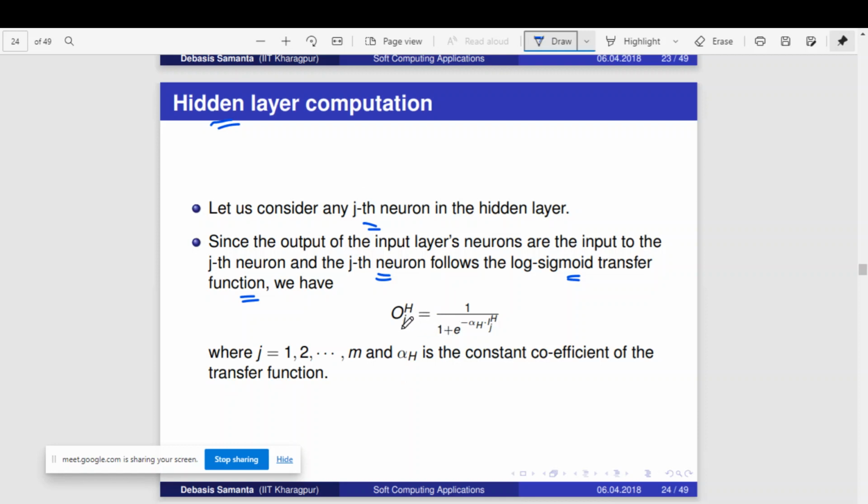The output of the jth neuron of the hidden layer can be represented like this: 1 by 1 plus e to the power minus alpha h into IjH. What is this IjH?